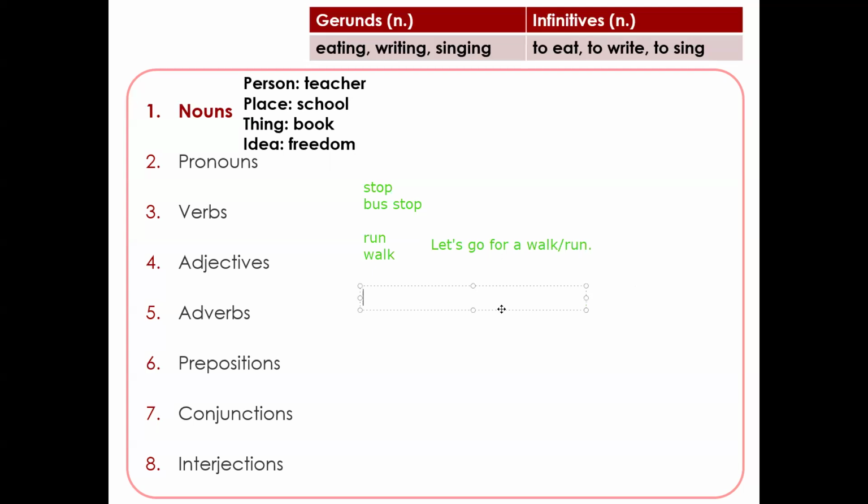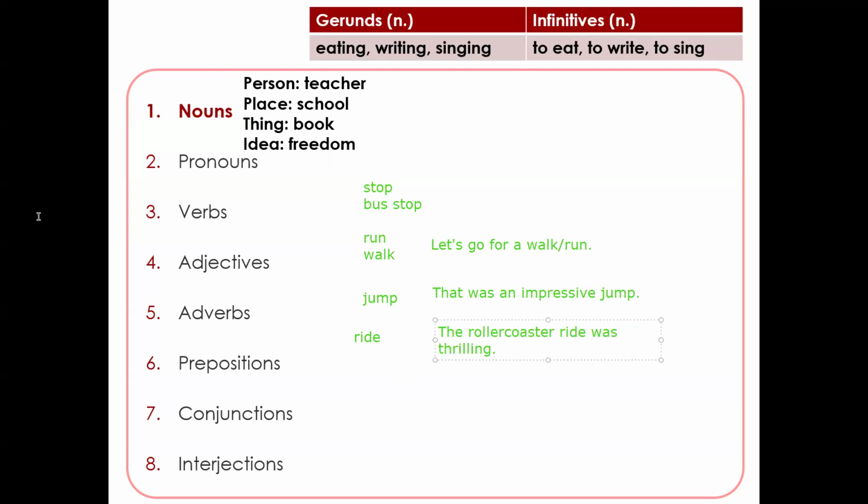Other examples include jump, right? Jump is an action verb, but you can also say that was an impressive jump. And of course, ride, right? I can ride a horse. That would be a verb, but you can also say the roller coaster ride was thrilling.